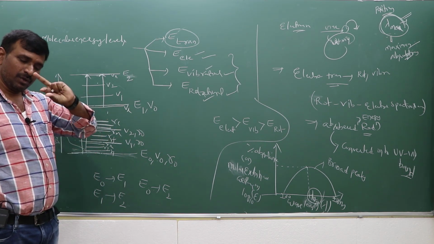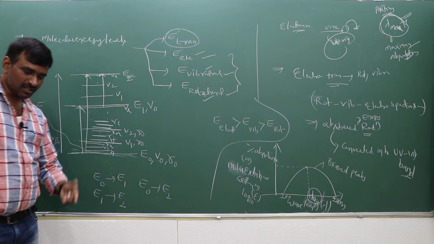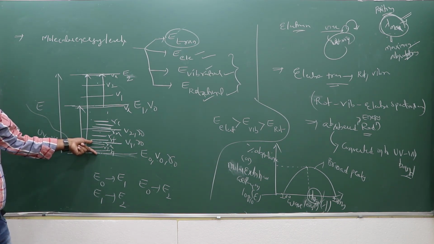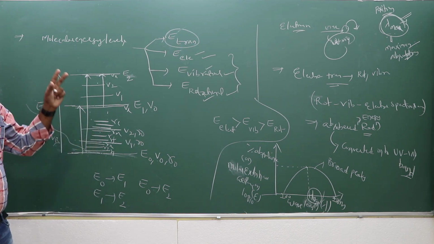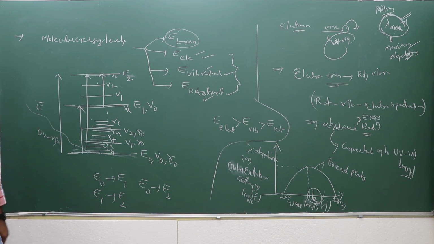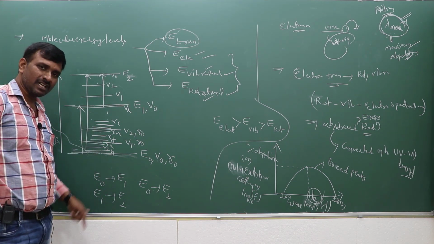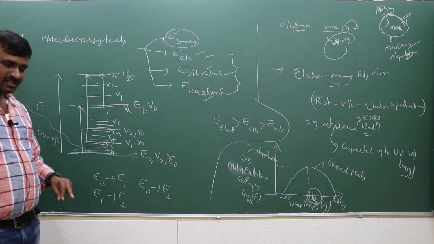But the UV visible spectrometer cannot resolve every kind of vibrational transition, V0 to V1, V0 to V2. It does not resolve these rotational and vibrational levels.